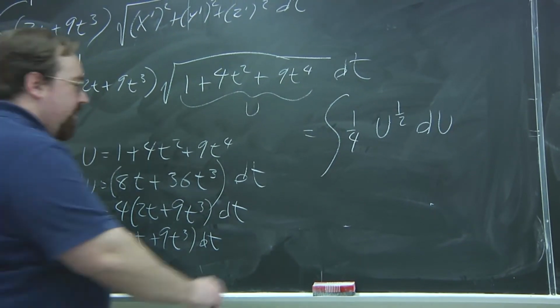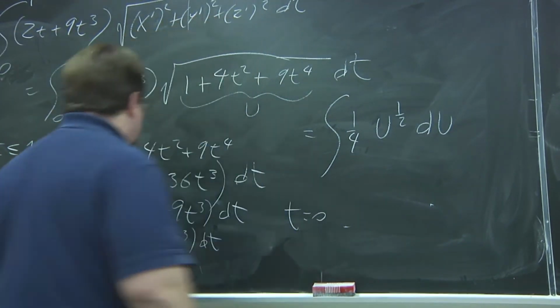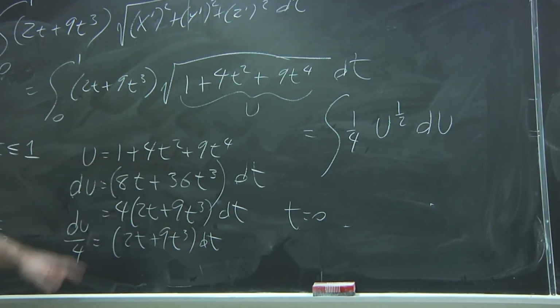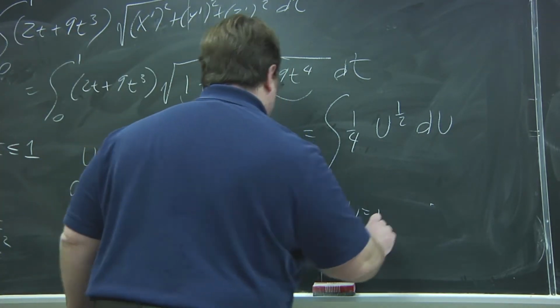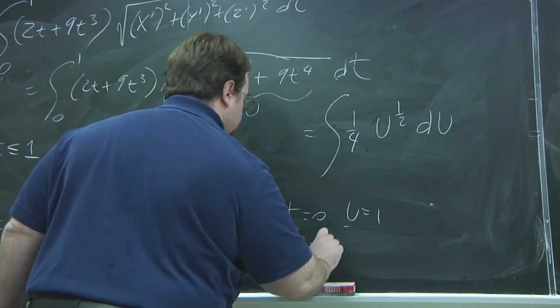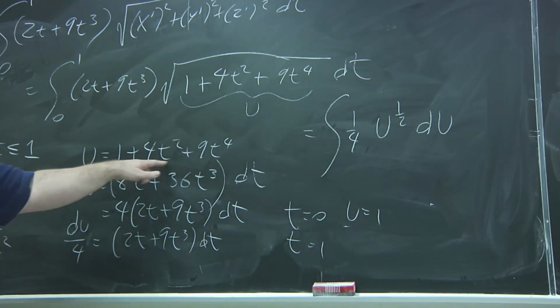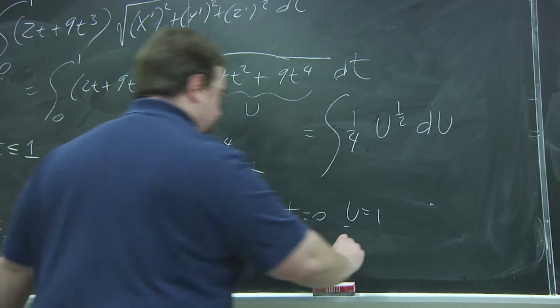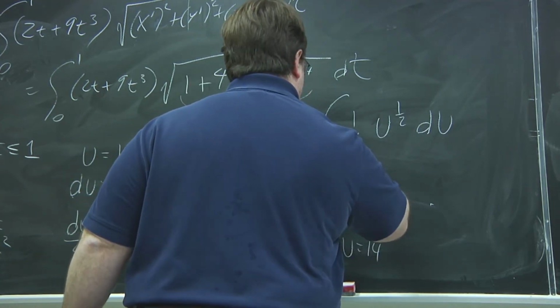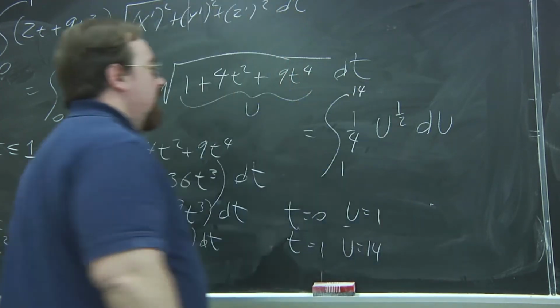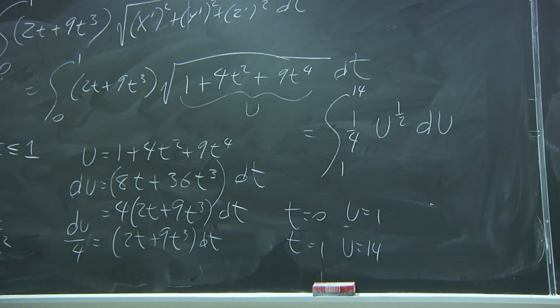So when t is equal to 0, we'll plug t equals 0 in here, we get u equal 1. We plug in t equal 1, it's going to be the sum of the coefficients. It's 14. So those are your limits in your modified integral.